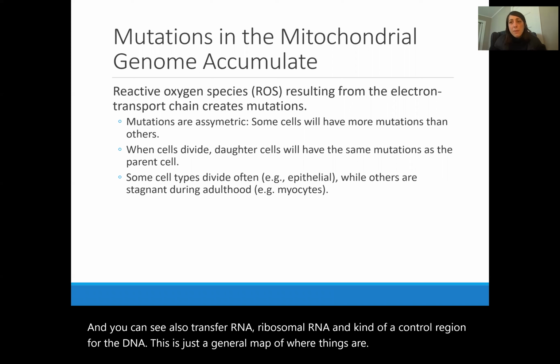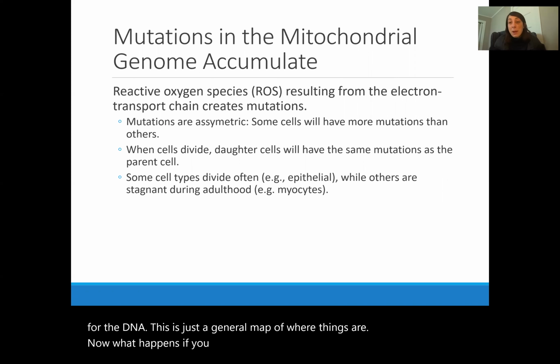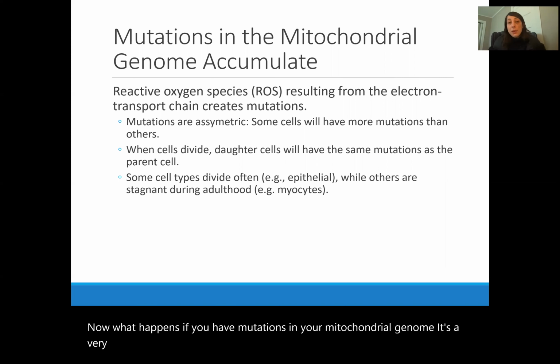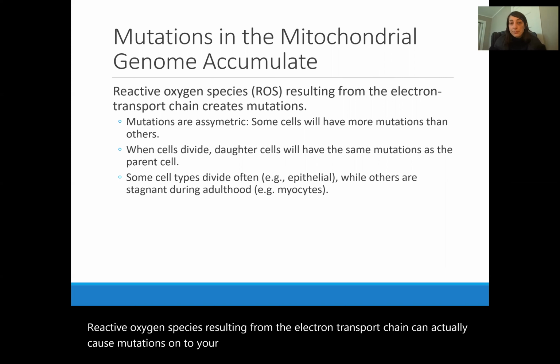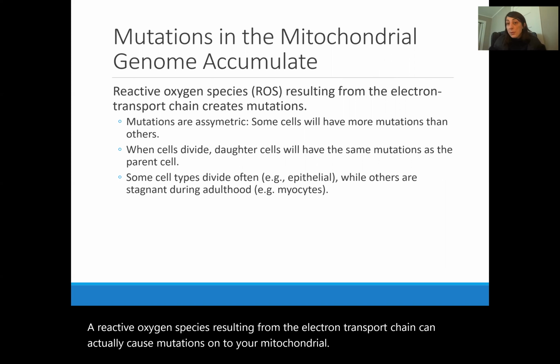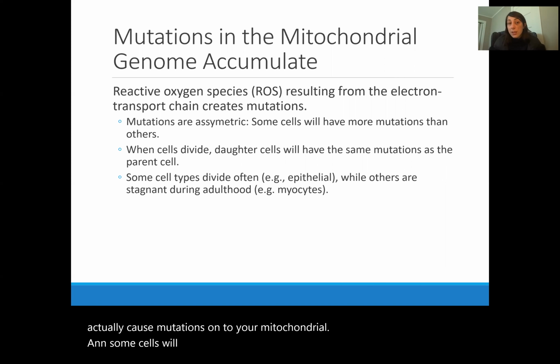Now, what happens if you have mutations in your mitochondrial genome? It's a very small genome, and so accumulation of mutations here can happen quite quickly. Reactive oxygen species resulting from the electron transport chain can actually cause mutations in your mitochondrial DNA. Some cells will actually have more mutations than others.